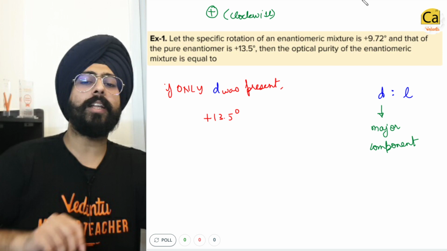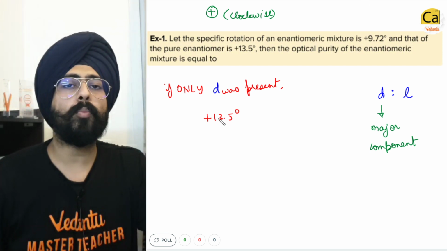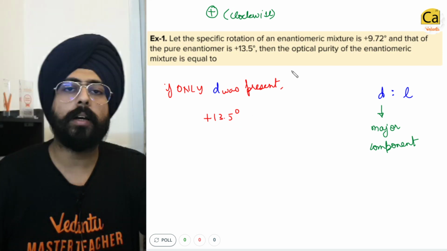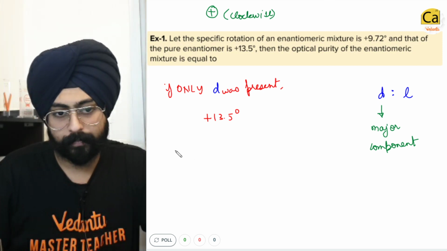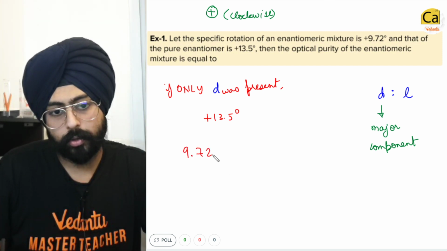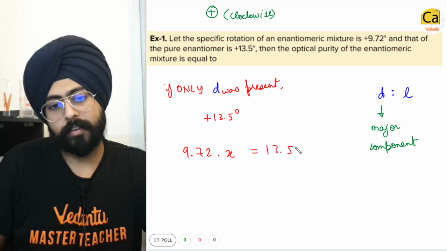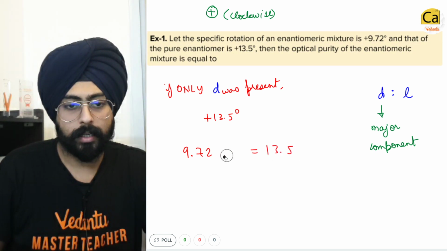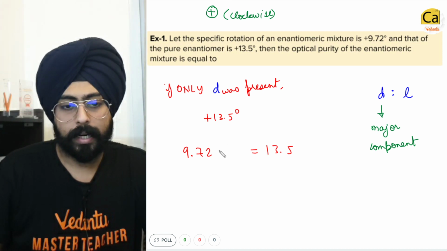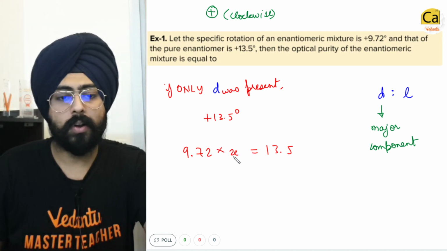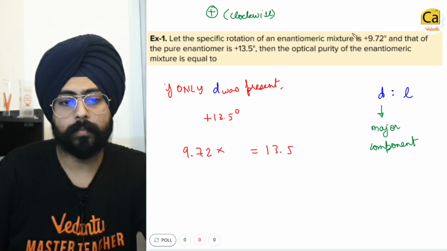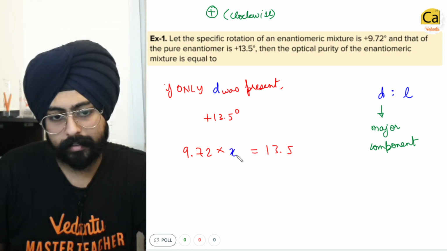But now it is rotating only at 9.72 degrees. So 9.72 into x is equal to 13.5, or let's say x percent. Can you calculate the value of x over here?